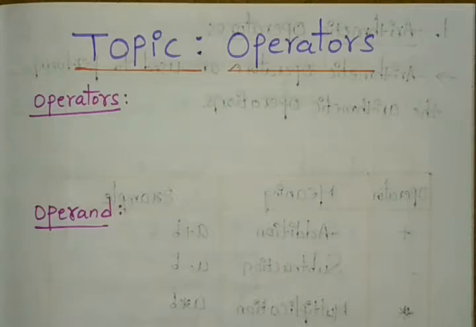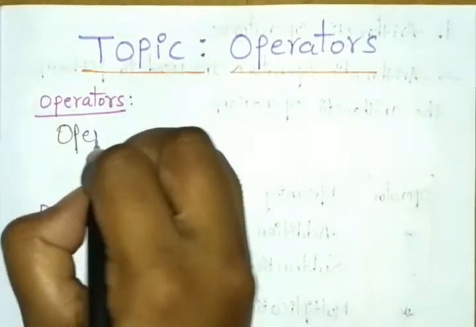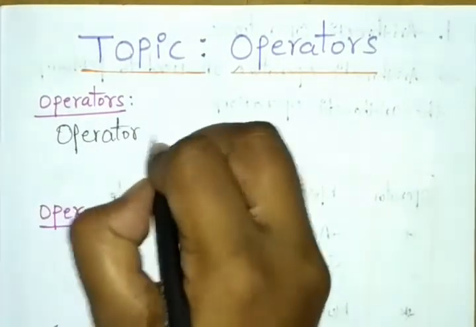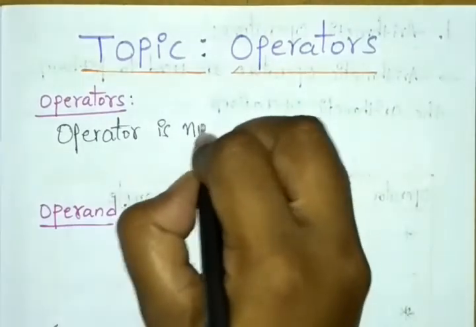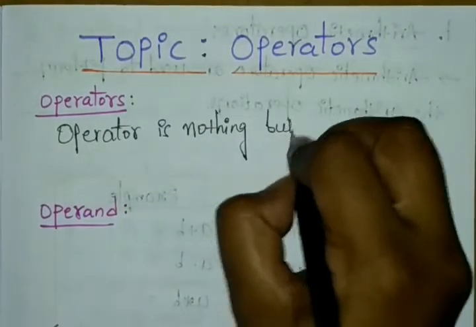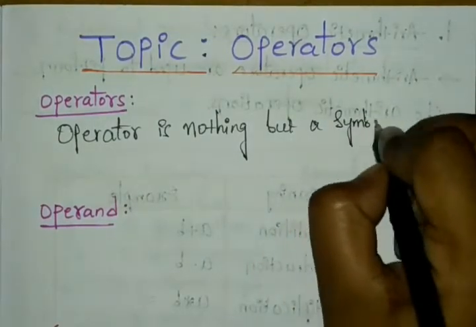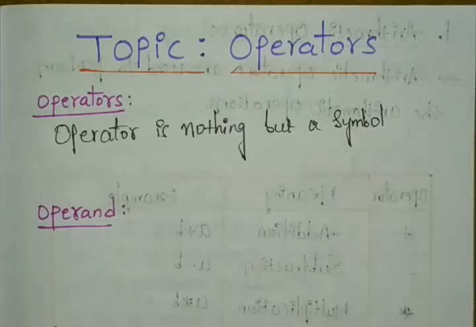In simple terms, an operator is nothing but a symbol.